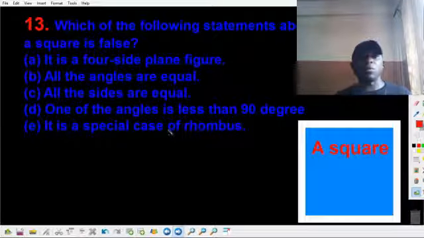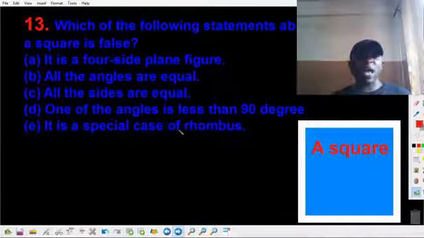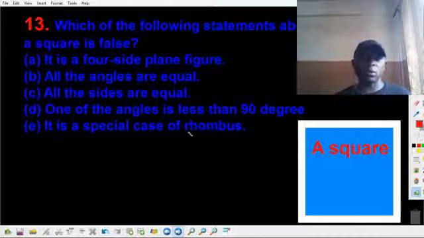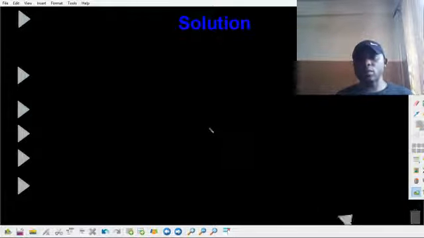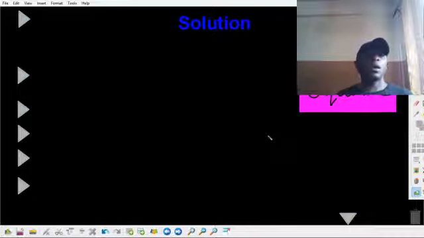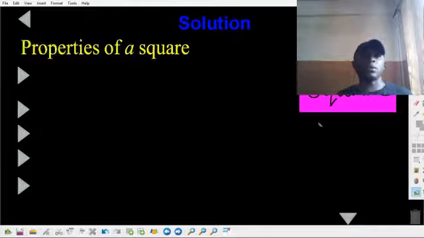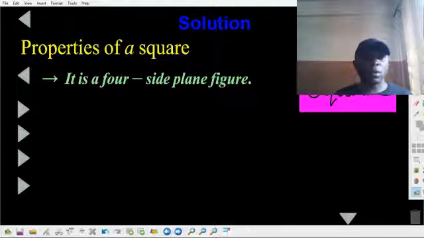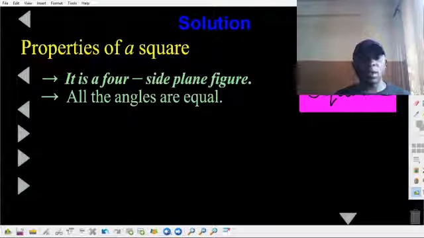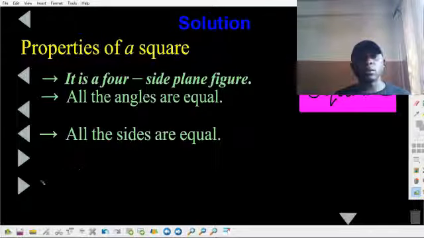Number 13. Which of the following statements about a square is false? Right? Now this is a square, and we are going to talk about the properties of a square. The first one, we said it is a four-sided plane figure, and we also said all the angles are equal, all the sides are equal.